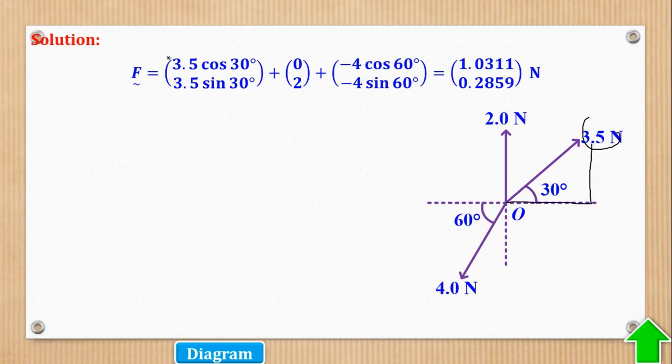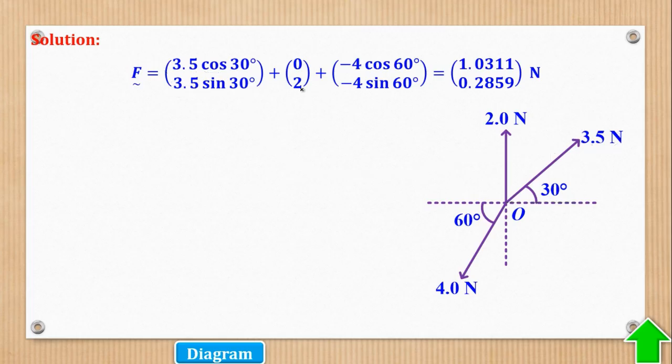So both will be positive. So positive 3.5 cos 30 degrees and positive 3.5 sin 30 degrees. So always the upper component will have cos and the lower component will have sin, provided the angle used is on the horizontal.